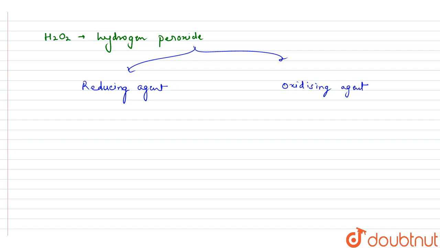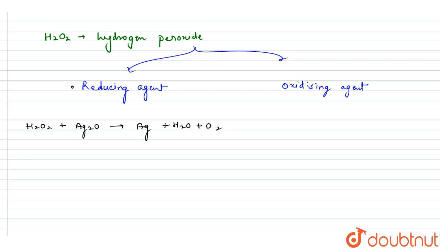A reaction supporting this is the use of hydrogen peroxide as a reducing agent. If we see the reaction of H2O2 with Ag2O, that is silver oxide, we get Ag, H2O and O2.